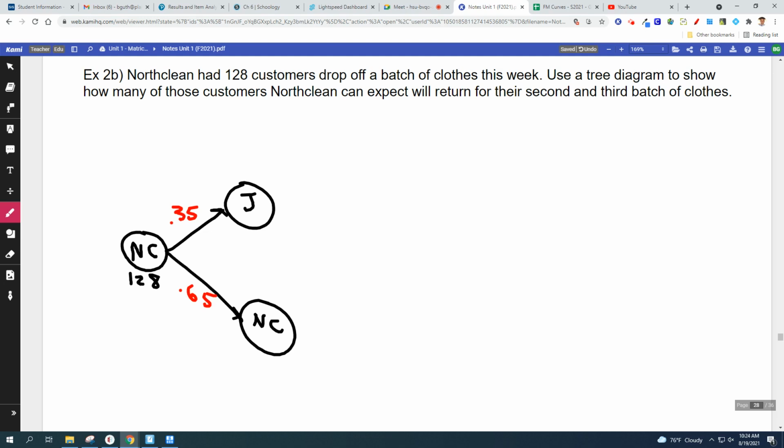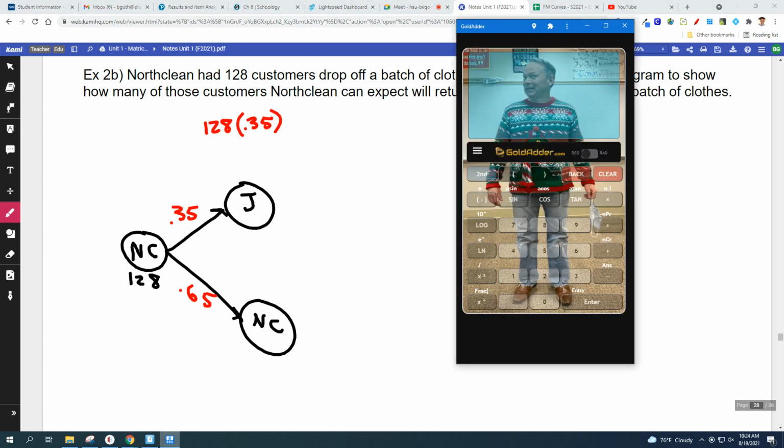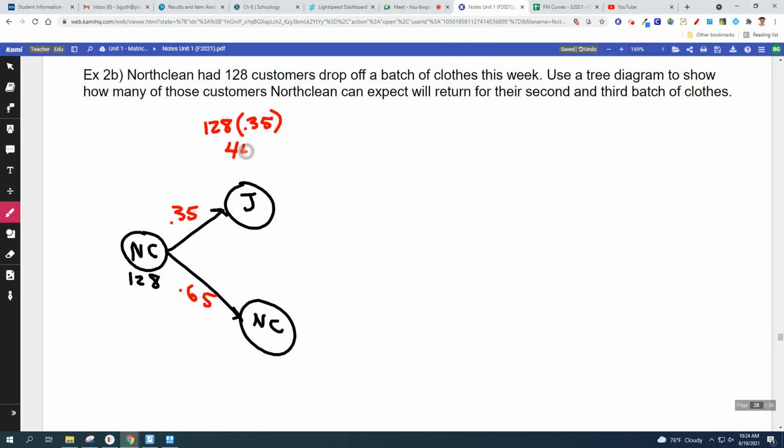So if you think about it, 128 times 0.35, or 35% of 128, let's call that 45. This means 45 people are at Johnson.